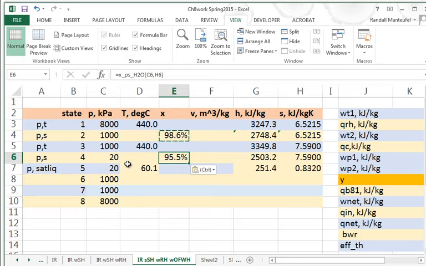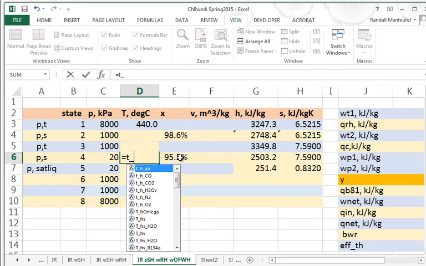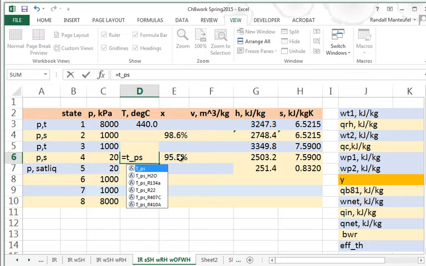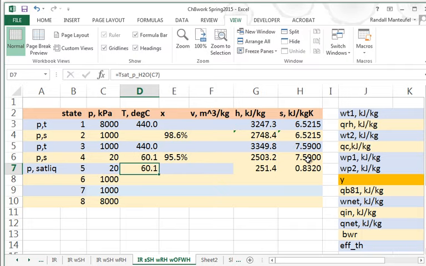So because of that quality, the temperature is going to be the 60.1. So the temperature is a function of pressure, entropy. This should work. Let's do pressure and entropy. And it works. 60.1. All right, how about state 6?